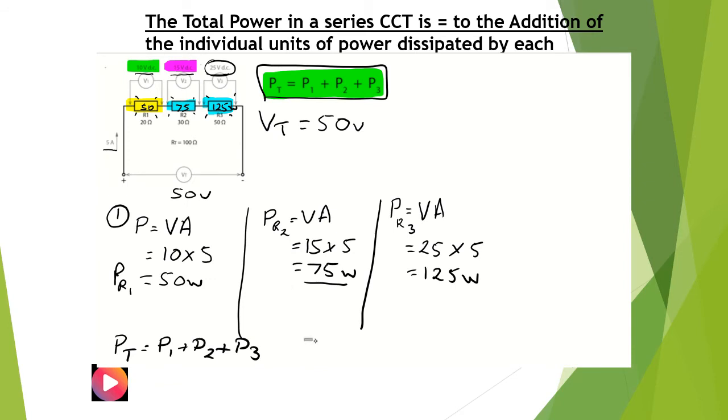So PT is equal to 50 watts plus 75 watts plus 125 watts, and that equals 250 watts. We might just remember that. That's one way of being able to do it.